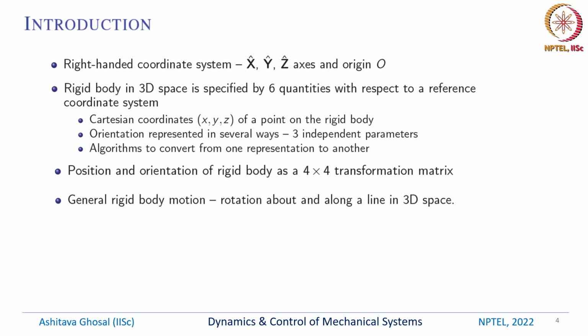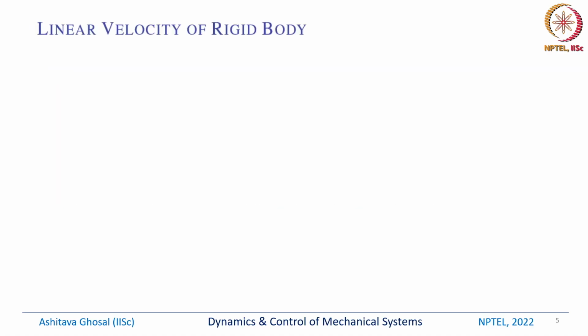I showed you that the general rigid body motion in 3D space can be thought of as a rotation about and along a line in 3D space. In this week, we will look at rate of change of position and orientation with time. So first let us look at the linear velocity of a rigid body.